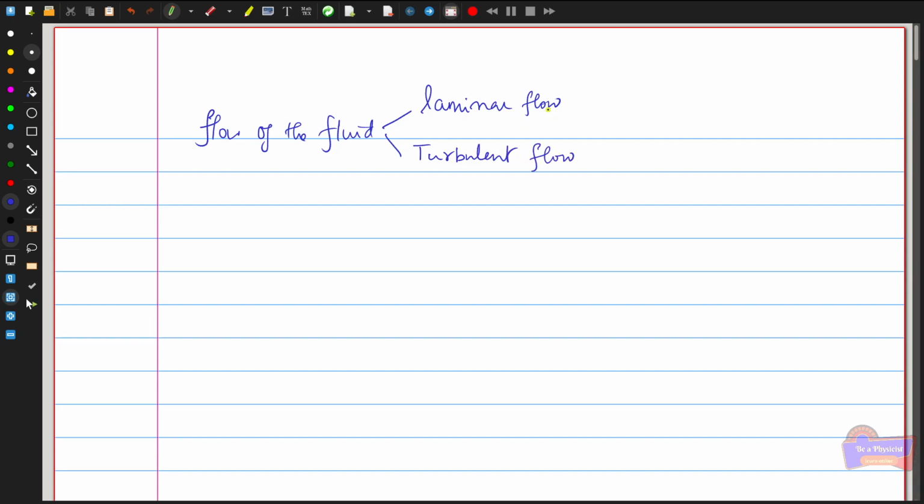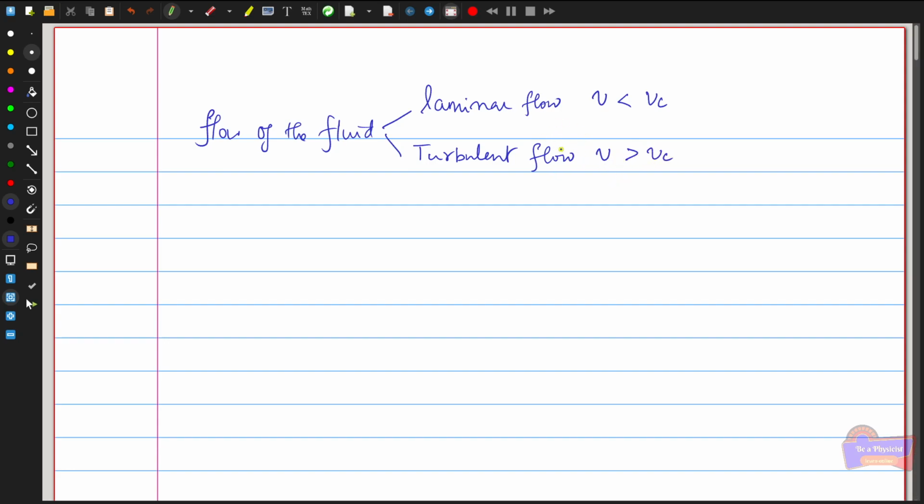Laminar flow occurs when the velocity of the liquid is lesser than the critical velocity, and turbulent flow occurs when the velocity of the liquid is greater than the critical velocity.